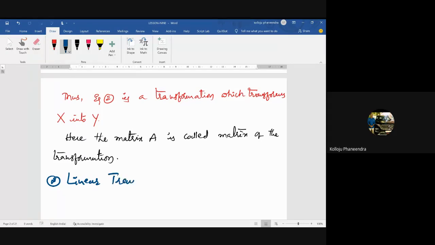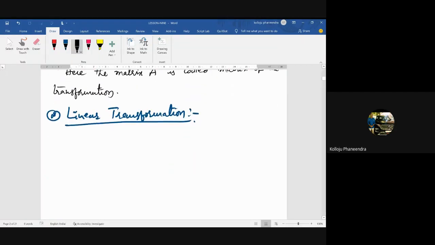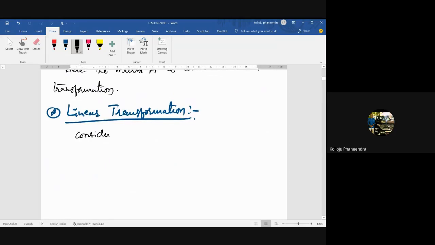Now the definition of linear transformation. Consider the transformation Y equal to AX.